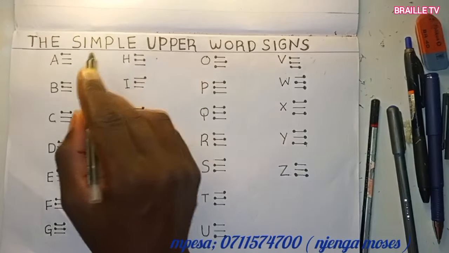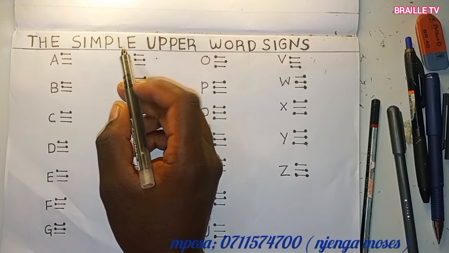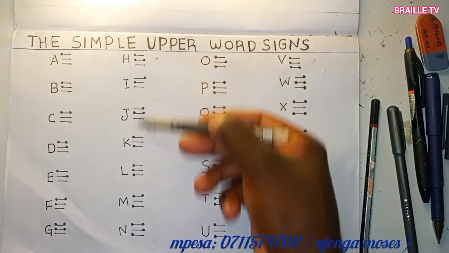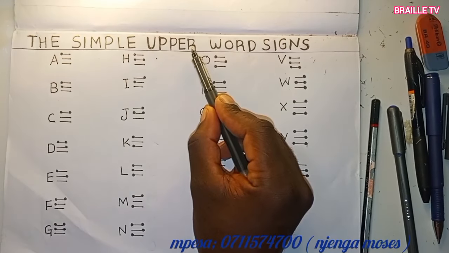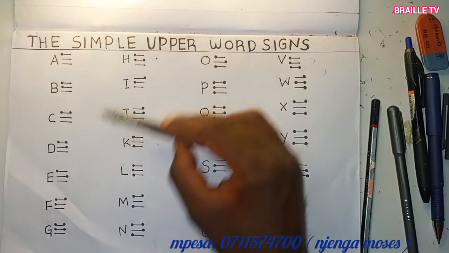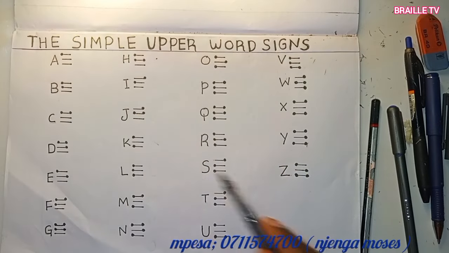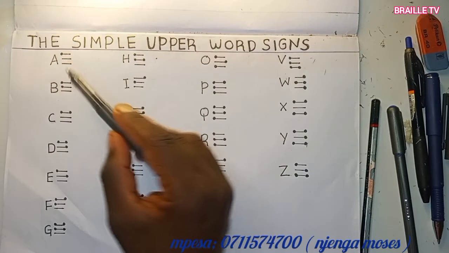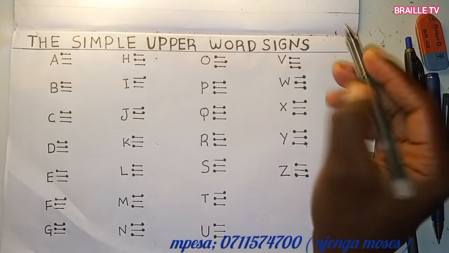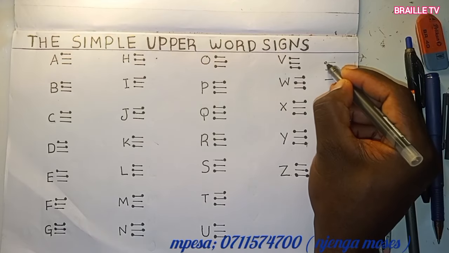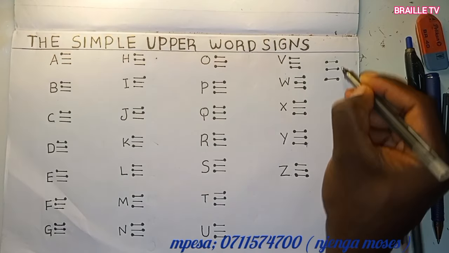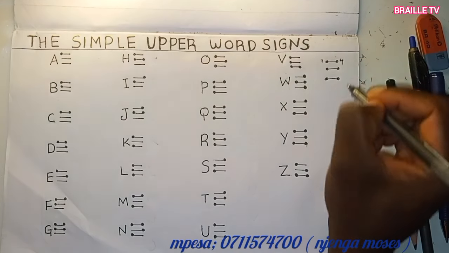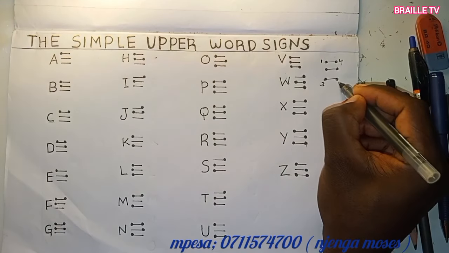I've said we are calling them simple because each letter of the alphabet, as you can see here, takes only one Braille cell. They are upper because each and every letter from A up to Z has a dot in the upper part, whereby Braille is divided into two, upper part and lower part. Upper part is dot 1 and dot 4, lower part is dot 3 and dot 6.